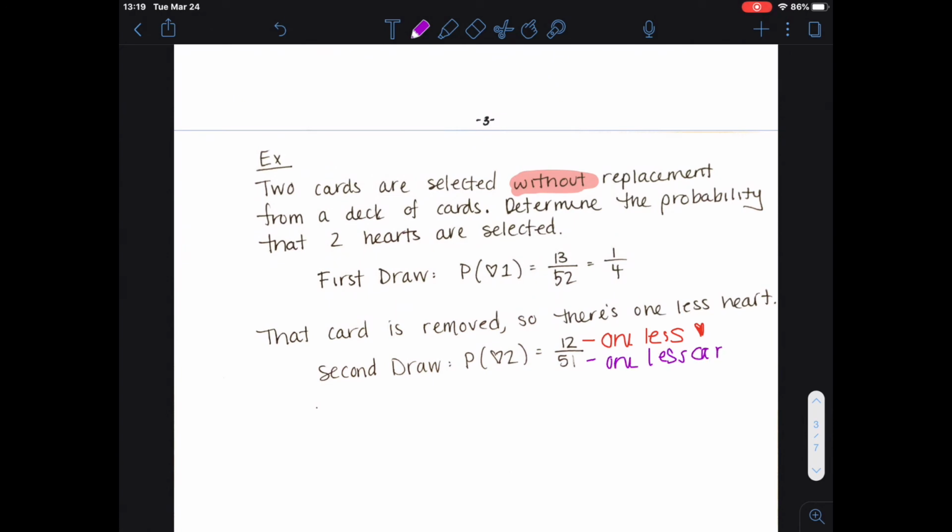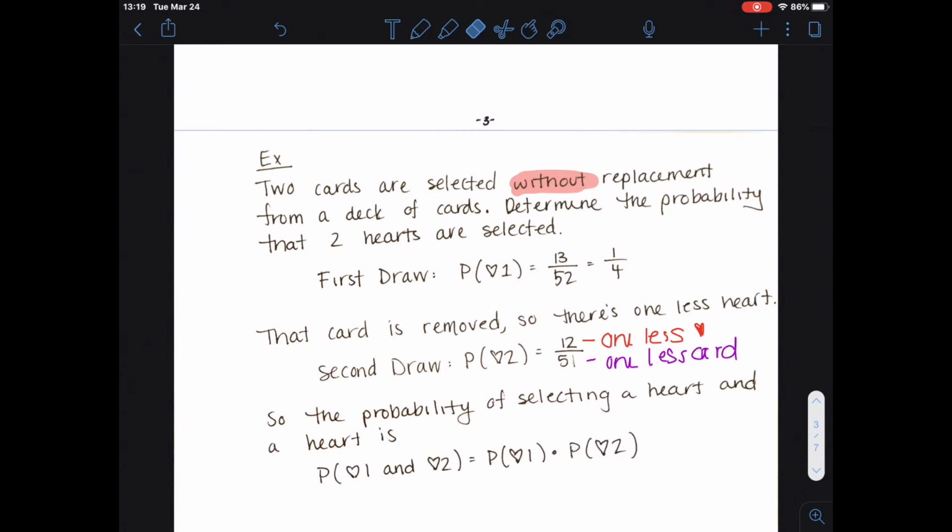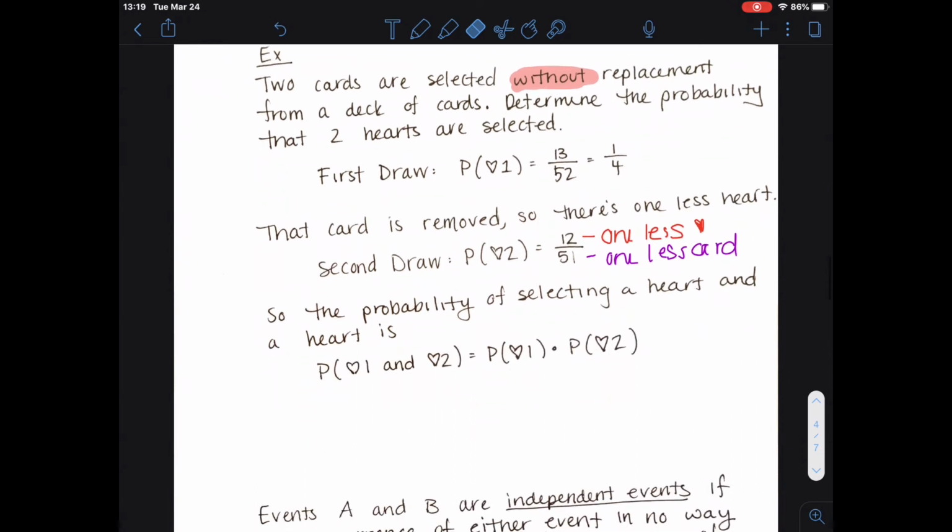So you've removed that first heart. You no longer have 52 cards remaining, you have 51. So when we want the probability of selecting a heart and then another heart, we're going to multiply these 2 probabilities together. So the probability of the first one is a heart times the probability of the second is.